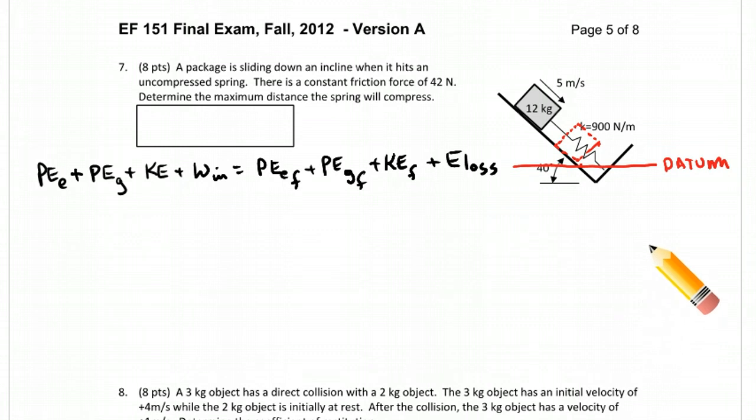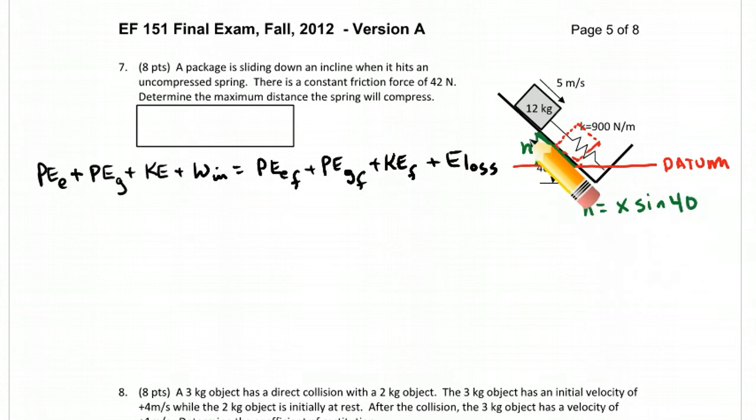Okay. It's going to slide down some distance. I'll draw this in green, some distance x right here. That's our unknown distance. Alright, so h is going to be x times the sine of 40.